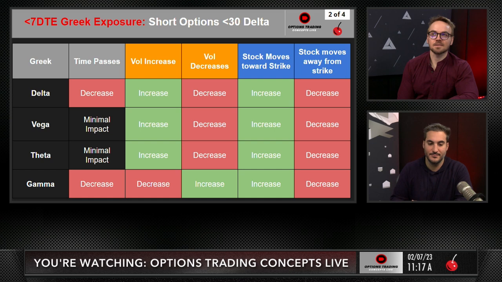Yeah, and when it comes to gamma exposure, what you need to think about, I think, is just extrinsic value. Is there a lot of extrinsic value to offset intrinsic value in the option as it moves in the money or out of the money?